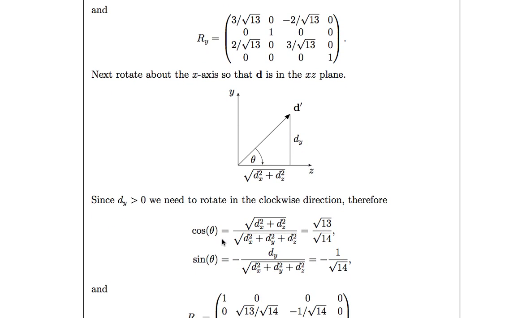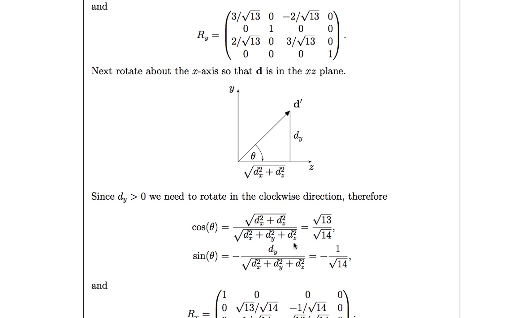Okay, so using the same approach as before, cos theta is adjacent over hypotenuse, so in our case it's root 13 over root 14, and sine theta is dy over the magnitude of our vector d, this time including all 3 components. Since in this case dy is positive, we've had to rotate clockwise. If dy was pointing down, we'd have to rotate anti-clockwise.